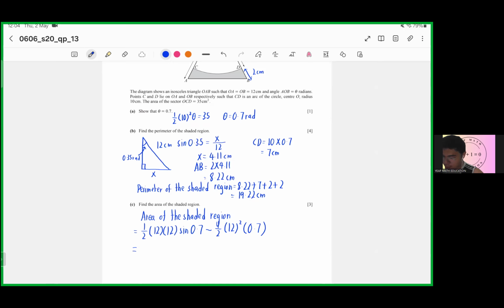Here we got 40.39 minus, oh sorry, this should be 10 cm, minus 35. Equals 46.39 minus 35, 11.39 cm squared. Also we can put 11.4 cm squared.